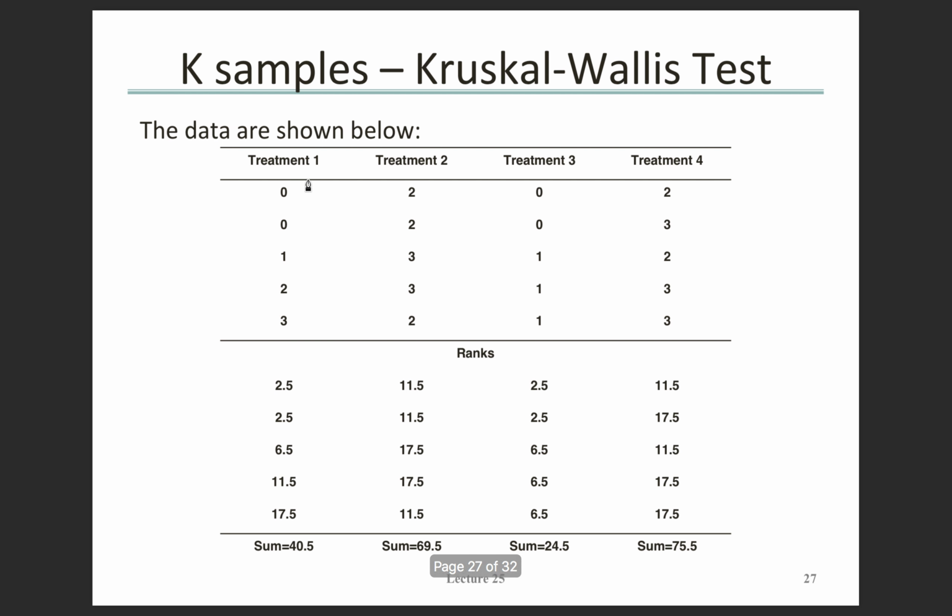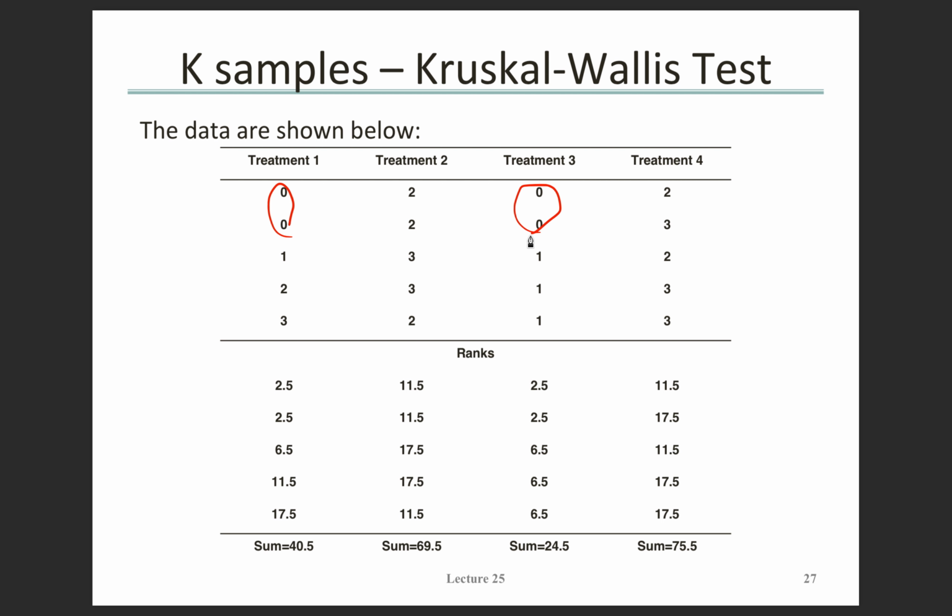Okay, so this is treatment 1, treatment 2, treatment 3, and treatment 4. Let's rank them. Do you see there are 1, 2, 3, 4 zeros. How do you rank that?